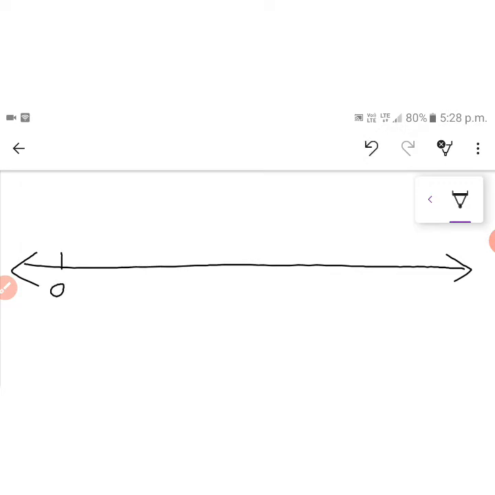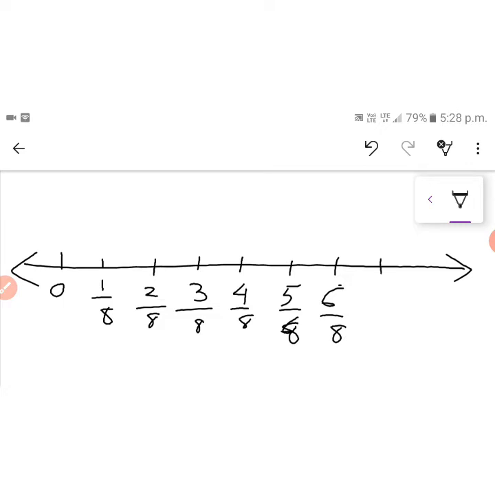0, 1 by 8, 2 by 8, 3 by 8, 4 by 8, 5 by 8, 6 by 8, 7 by 8, 8 by 8, which is nothing but 1.